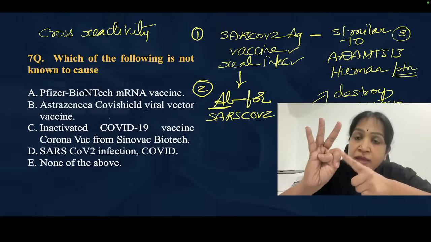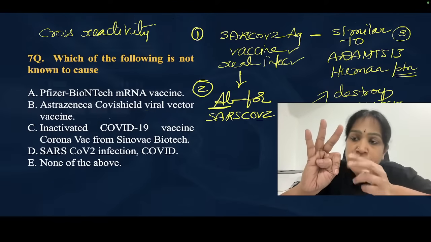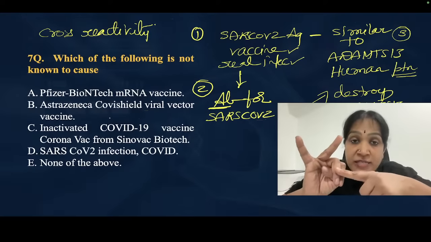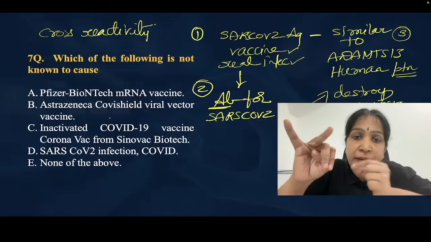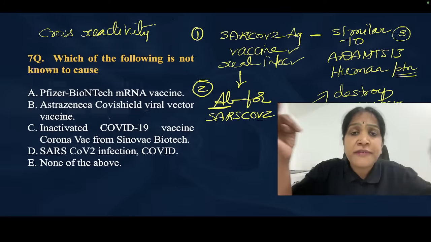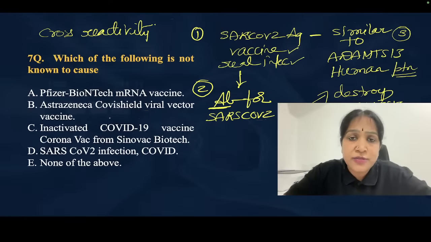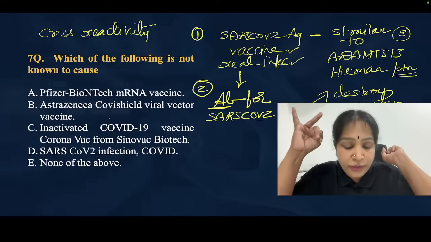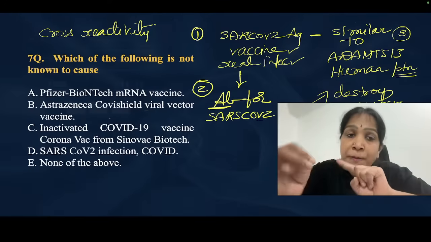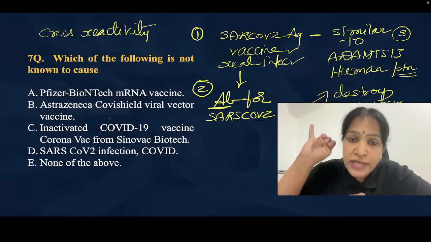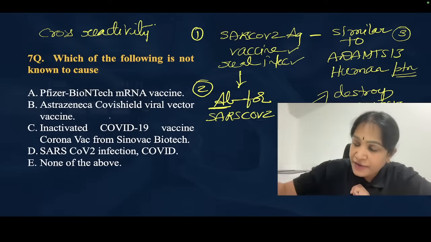Step 2, our immune system, that is B cells, produced antibodies for it. Point number 3, there is one human protein called ADAMTS13 which is similar to the coronavirus antigen. Why similar? Just coincidence. There is no reason for it. By mistake, the coronavirus antibodies will destroy that protein also. Is it clear? Everybody?